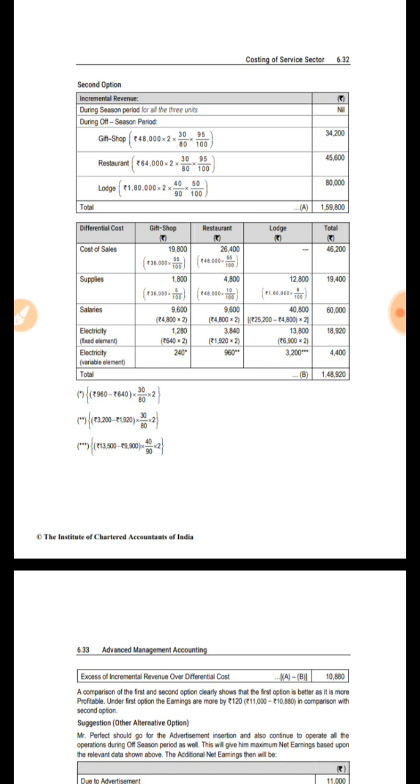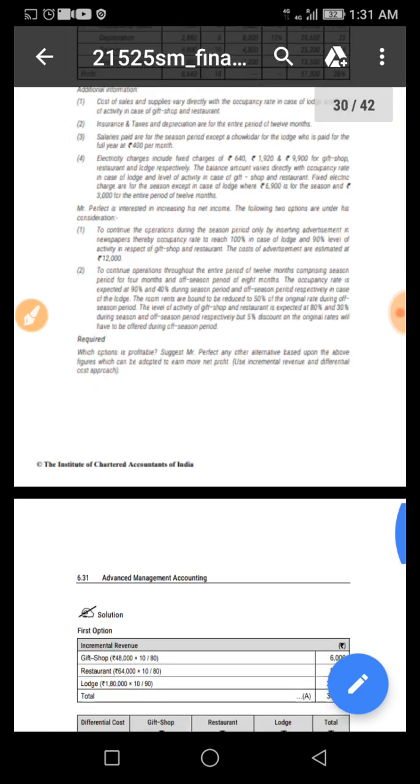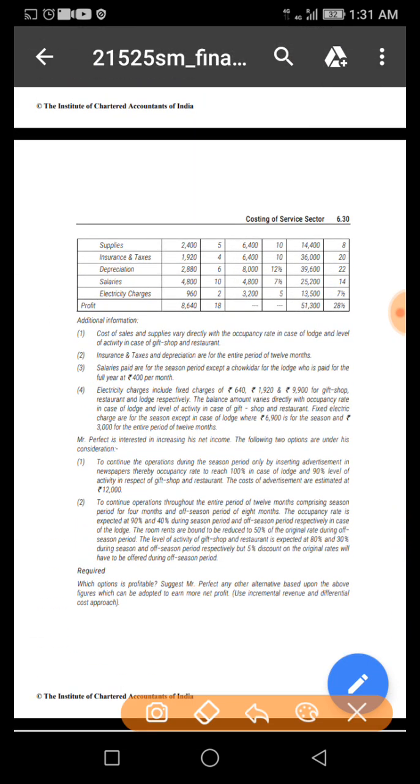Then the variable portion, that we will have to take anyways. Variable portion the same way. See, 960 into 640. This one 960 into 640. 3,200 into 1,920. 13,500 into 9,900. This one only. Okay.